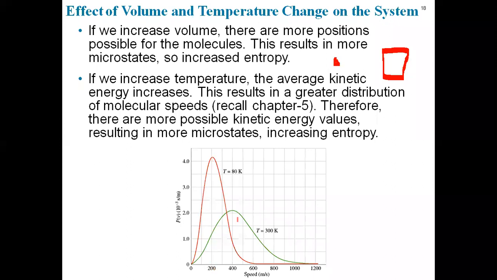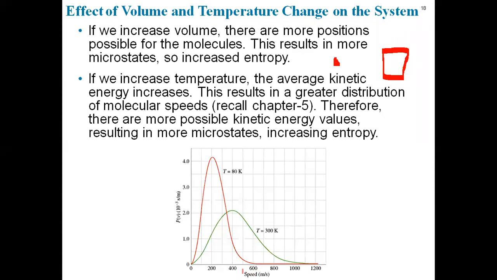If you increase the temperature to 300 Kelvin, you can see this green curve, and the distribution becomes broader, which means there are some molecules at 200 and 300 and so on. So you have quite a different number of speeds.